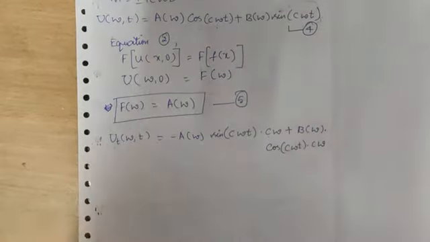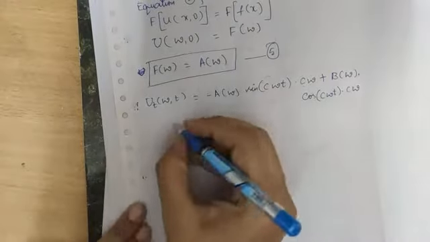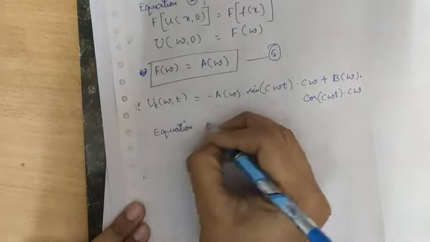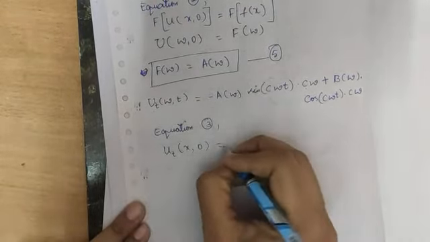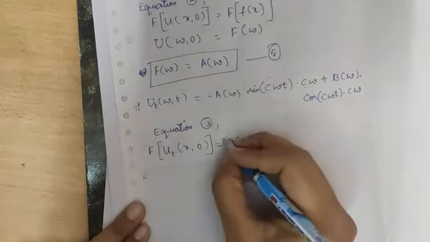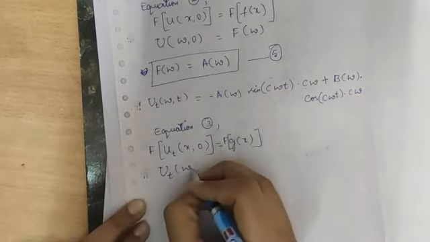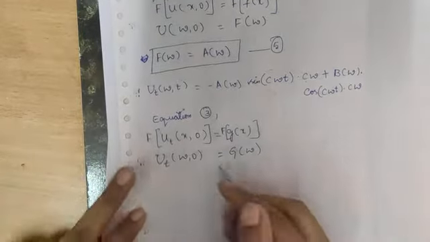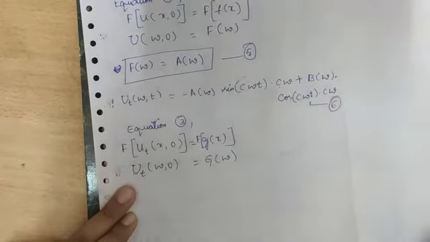Now consider your initial condition 3 and apply the infinite Fourier transform. So equation 3 is u t of x comma 0 is equal to g of x. If you apply the infinite Fourier transform to this, you will get u t of omega comma 0 is equal to g omega. Now apply this initial condition to your equation number 6.